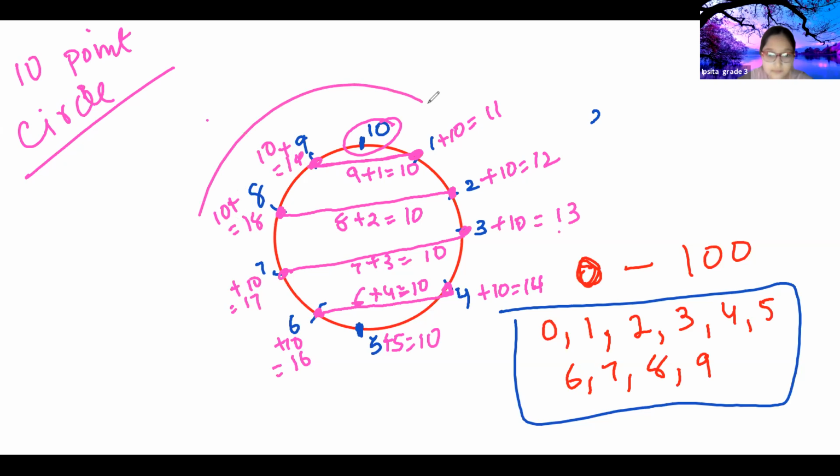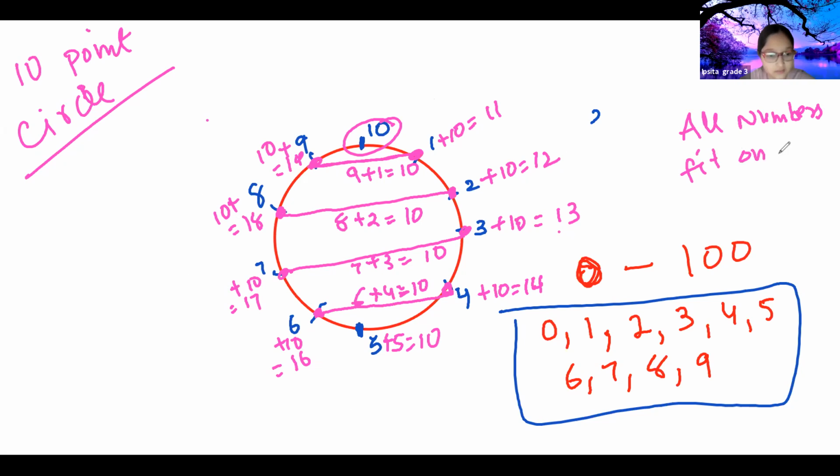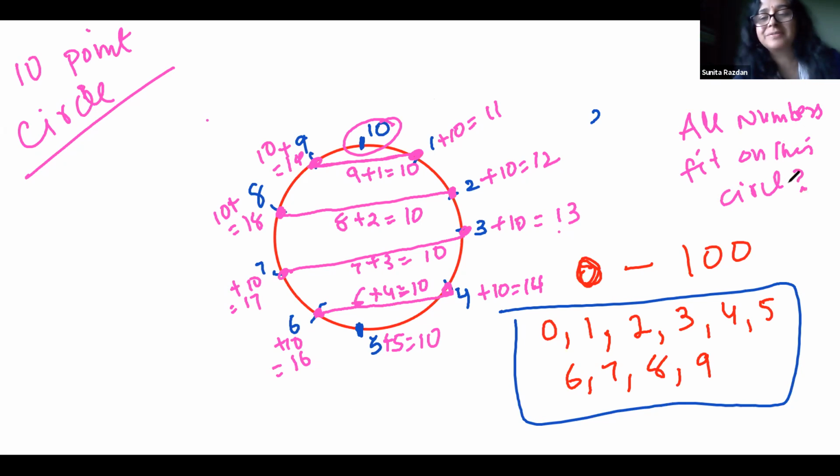So this circle, do you think all numbers can fit in it? Yes or no? Yes. So then 19 and then again 20, and it will keep on going, right?